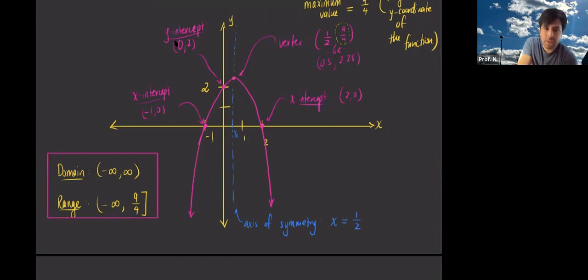And so if you look at the graph of this function, the y values go to negative infinity because of the arrows pointing downward. And then what's the maximum y value? Well, the maximum y value is exactly the y coordinate associated with the vertex. So the vertex is what tells us the endpoints to our interval for the range.